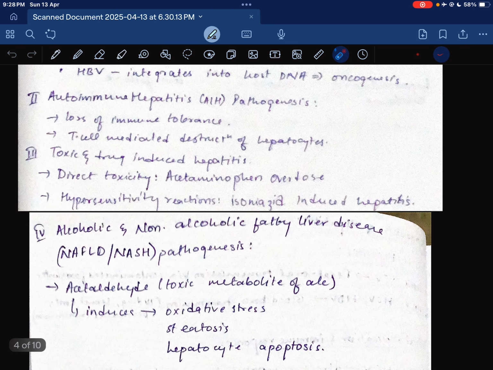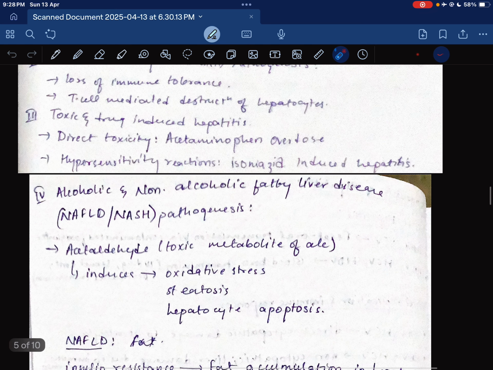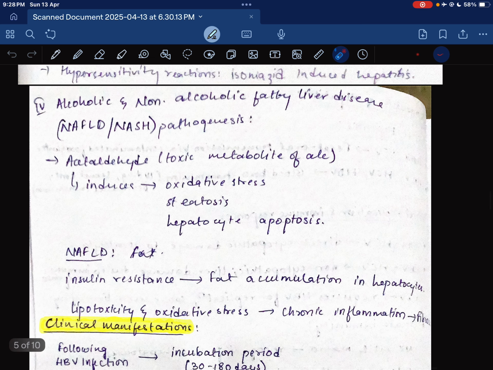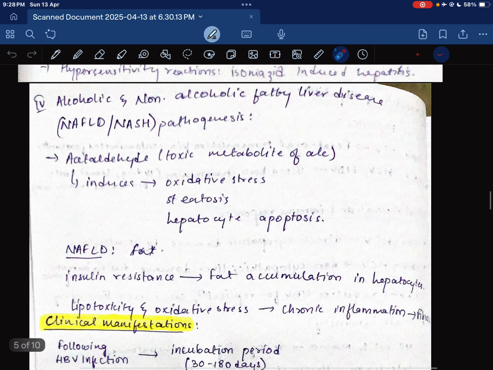Autoimmune hepatitis, AIH pathogenesis: loss of immune tolerance and T cell mediated destruction of hepatocytes. Toxic and drug-induced hepatitis: direct toxicity, such as acetaminophen overdose, and hypersensitivity reactions, such as isoniazid-induced hepatitis. Alcoholic and non-alcoholic fatty liver disease pathogenesis.